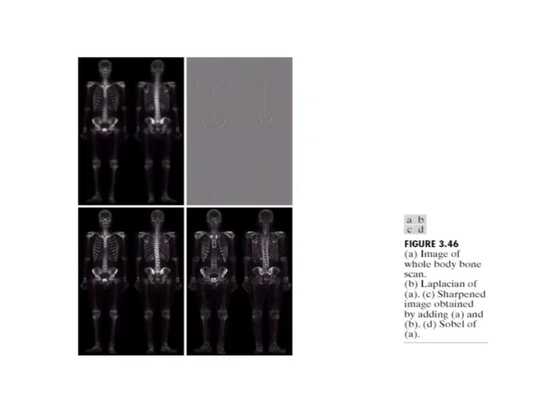Let us consider the image of a nuclear whole body bone scan used to detect diseases such as bone infection and tumors. Our objective is to enhance this image by sharpening it and by bringing out more of the skeleton detail. The narrow dynamic range of the intensity levels and high noise content make this image difficult to enhance.